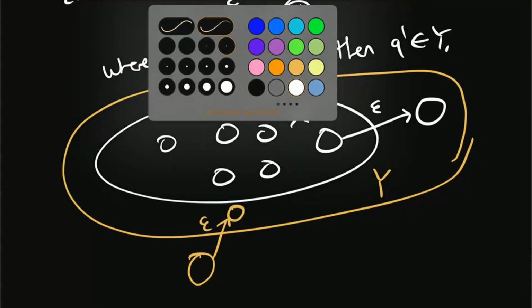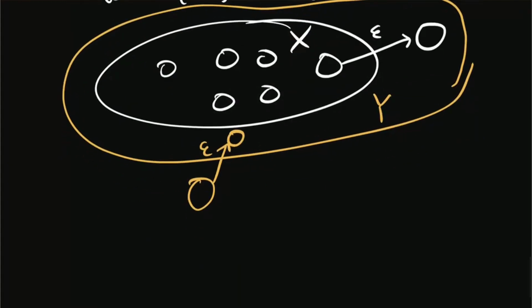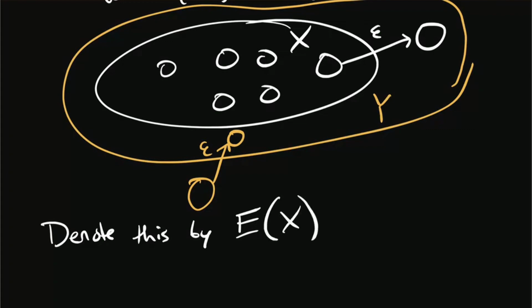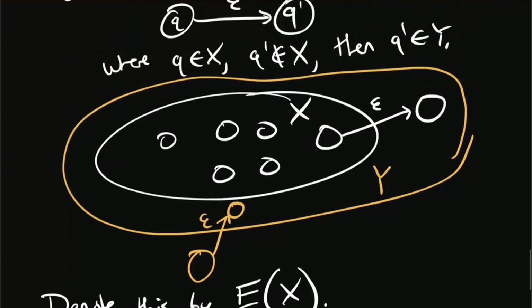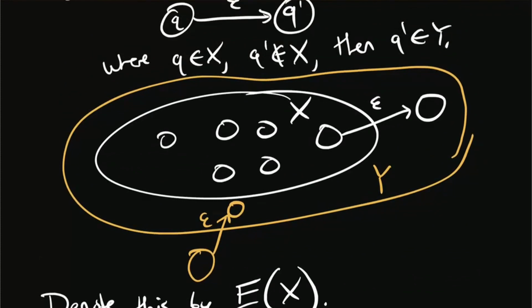And we will denote this by E of X. So the E on the front means epsilon closure of X. So in the example we had before, the epsilon closure of just Q2 is just Q2.